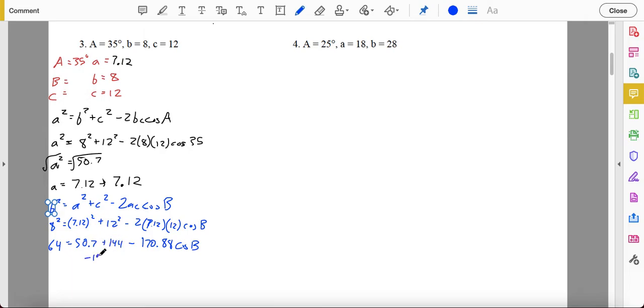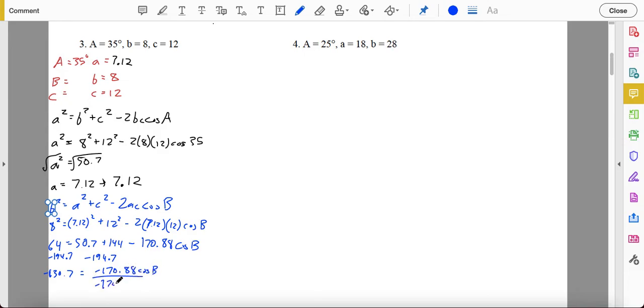So we subtract 194.7 from each side, and we get negative 130.7 equals negative 170.88 cosine B.